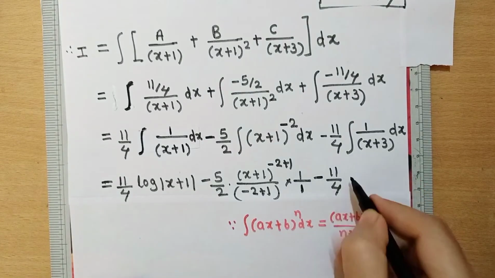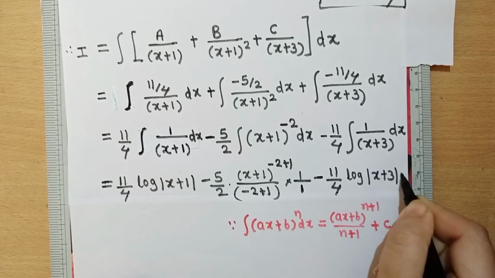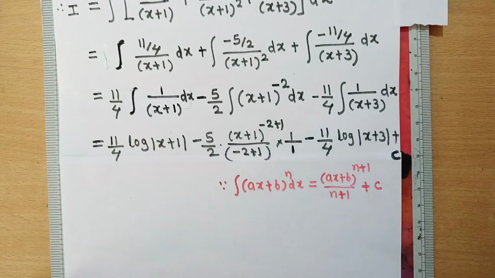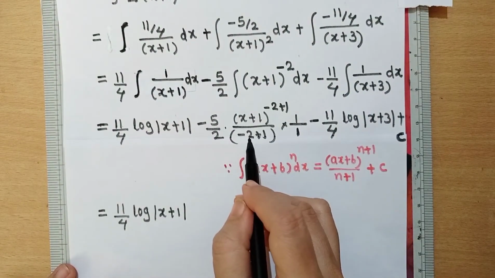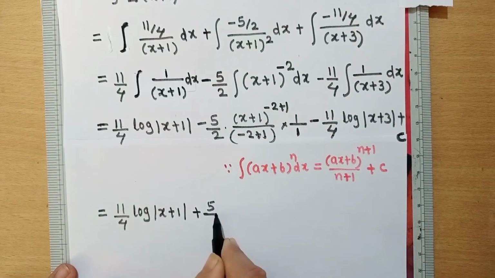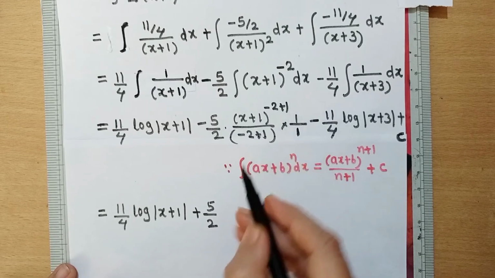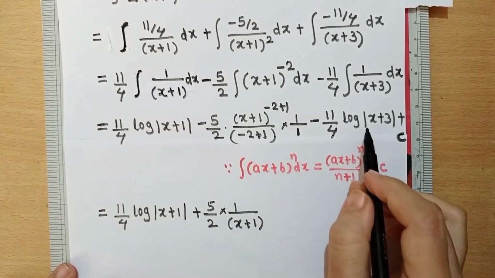Its answer is log of mod of x plus 3 and plus c. So again this term as it is. Now look here, minus 2 plus 1 is minus 1. So minus 1 into this is plus 5 upon 2, and here x plus 1 raised to minus 1. Minus 1 we will write in the denominator, which is simply x plus 1, and this term as it is, and plus c.